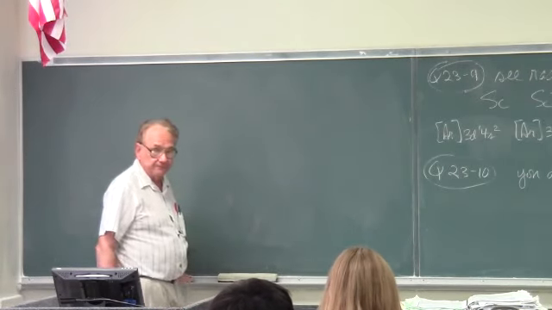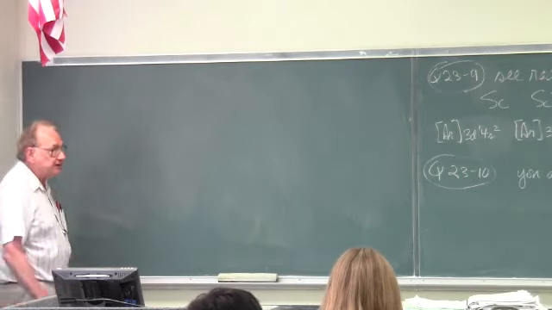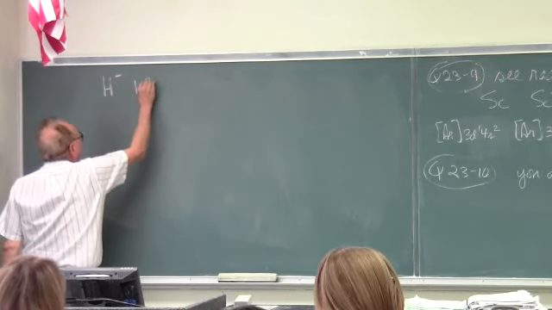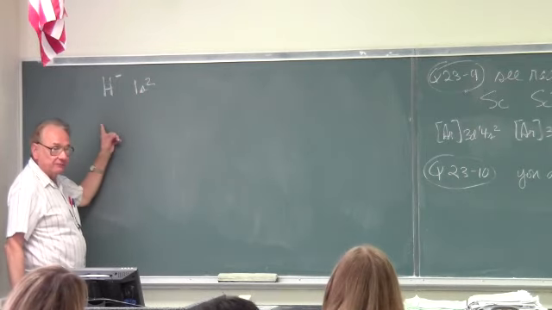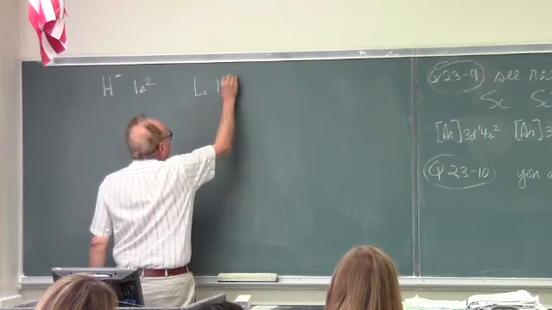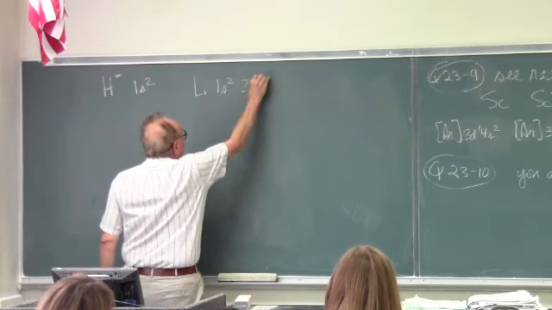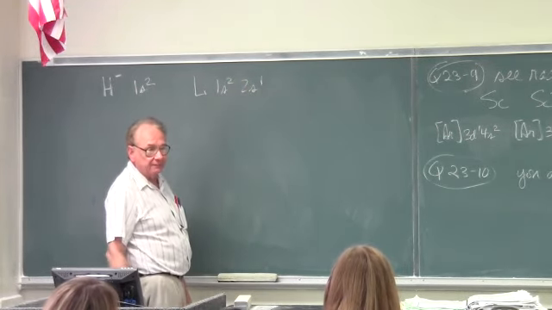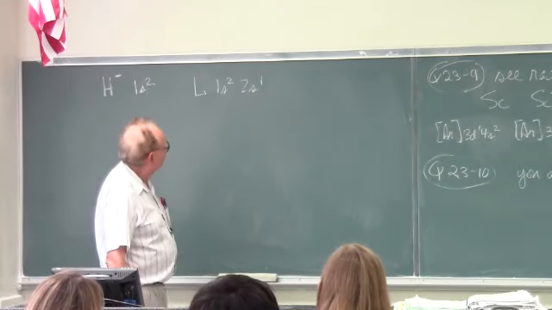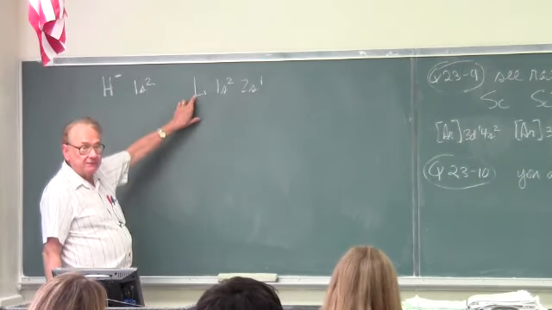Now notice, from a configuration standpoint, this is 1s2. This is 1s2, 2s1. So based on this radial probability stuff, you would expect this to be larger.